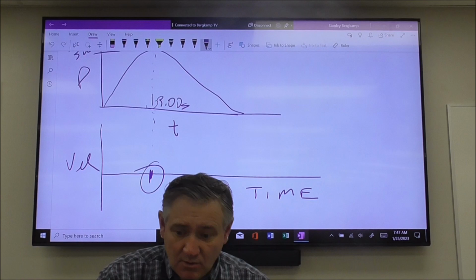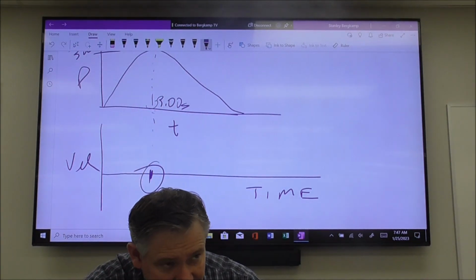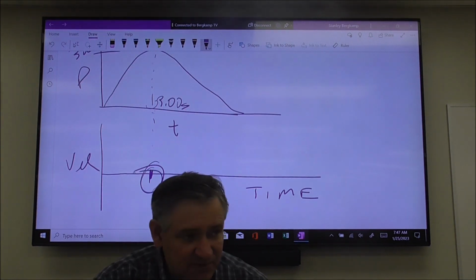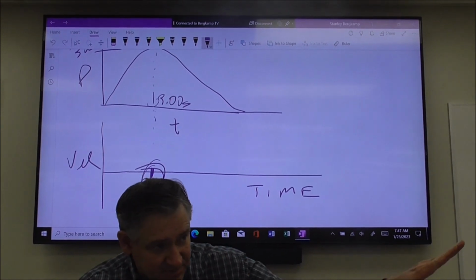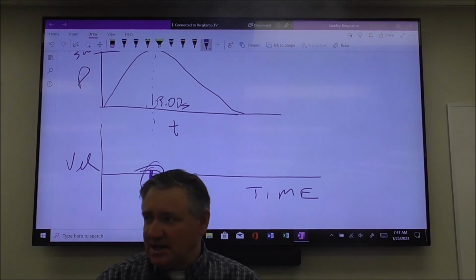That's when the velocity crosses that 0 meters per second mark. So take that point and transpose that down.